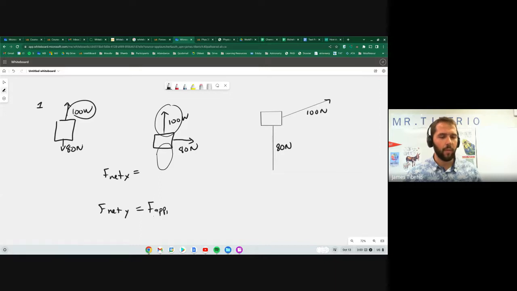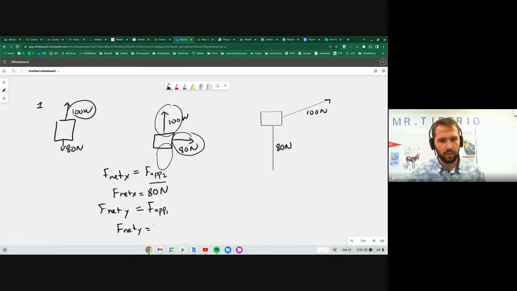That's the force going up. And my Fnet in the X direction, well, I have one force currently in the X direction. And so currently I'm going to call that force applied 2. That force applied 2 is the only force, therefore, the net force in the X direction is made entirely of that 80 newtons. And so we can see that Fnet X equals 80 newtons and Fnet Y equals 100 newtons.